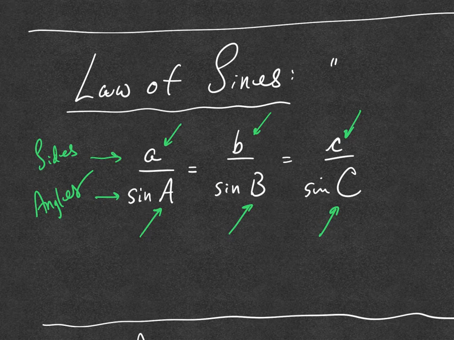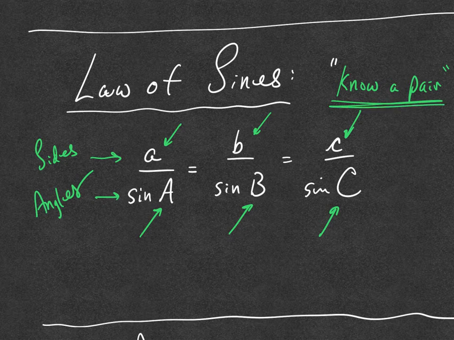But there's one important thing that we have to note when you put law of sines into your notebook. We can use law of sines anytime we know a pair. And by a pair, what we mean is we have to know a side and the angle opposite. We have to know a pair for law of sines to work.